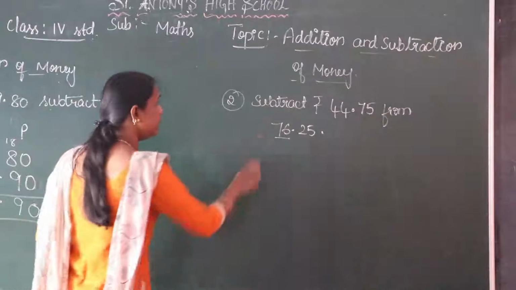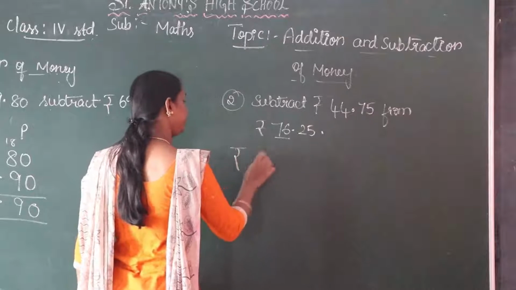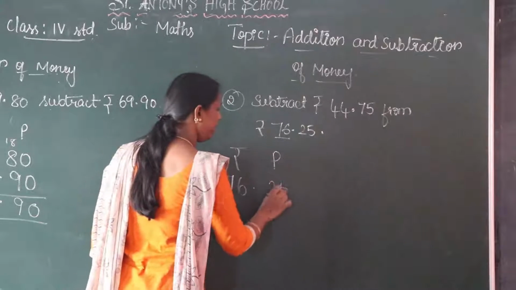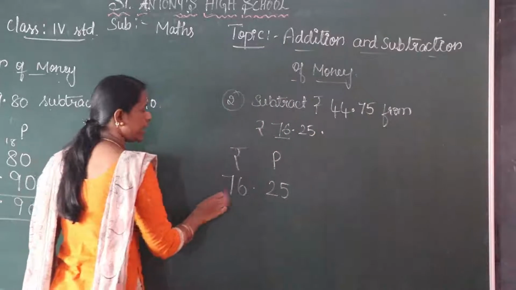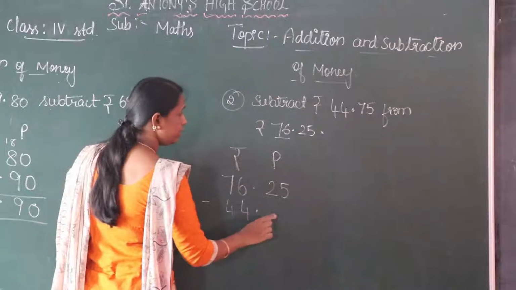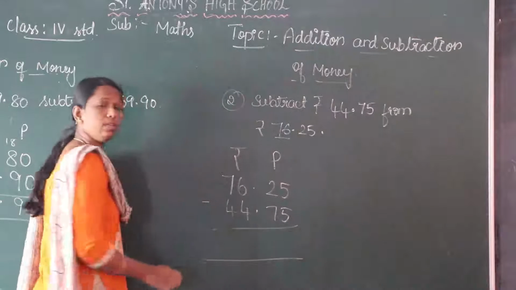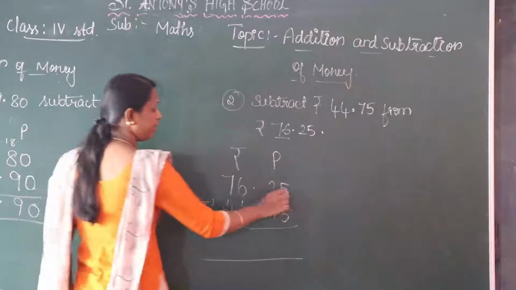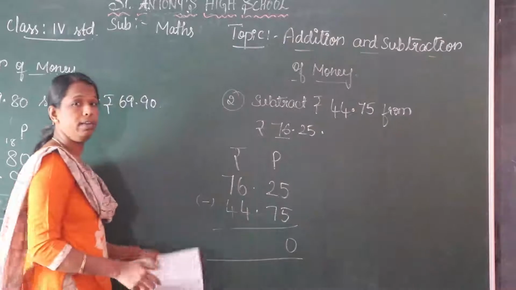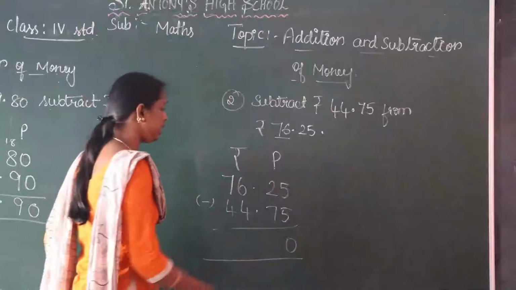Which is the bigger number here? Rupees 76.25 paisa. And subtract, this is called the subtrahend, rupees 44.75 paisa. Now we have to subtract. 5 minus 5, 0. 2 minus 7 is not possible because 7 is greater than 2. Now we have to borrow from the nearest place.